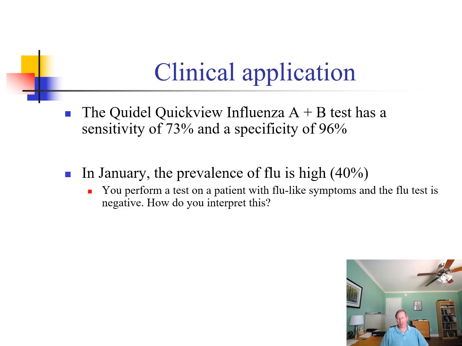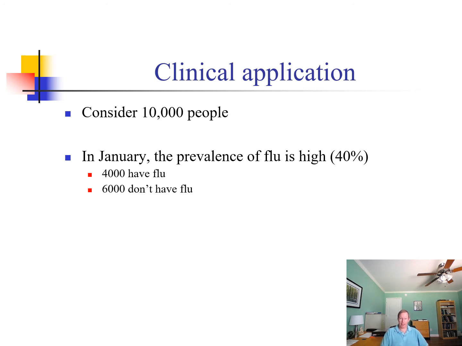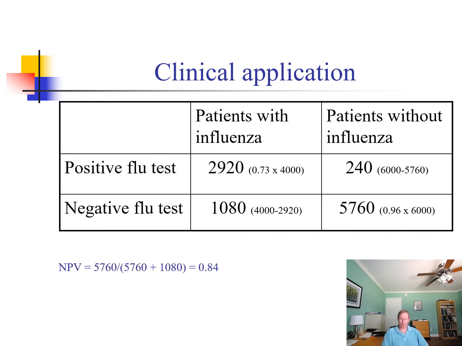But let's look at January, when let's say the flu prevalence is very high. Let's say it's 40%. And now you examine a patient with flu-like symptoms, and the test is negative. I go back and try to figure out what this means. I say, okay, well, 4,000 people have flu, 6,000 people don't. I can use my sensitivity and specificity to do my 2x2 table and calculate a negative predictive value.